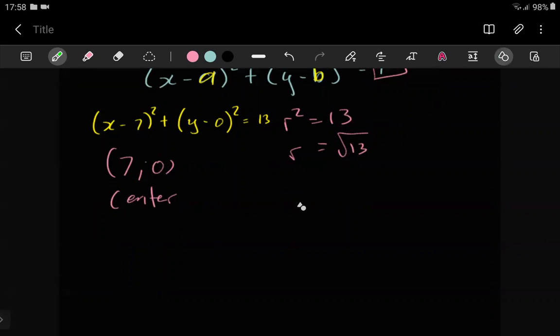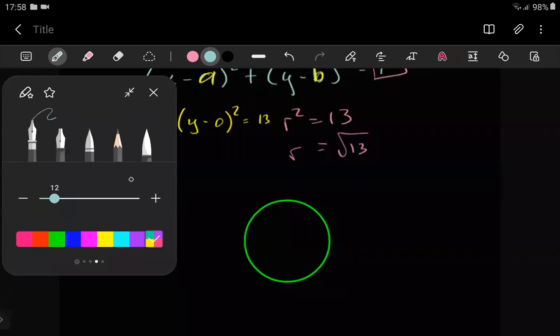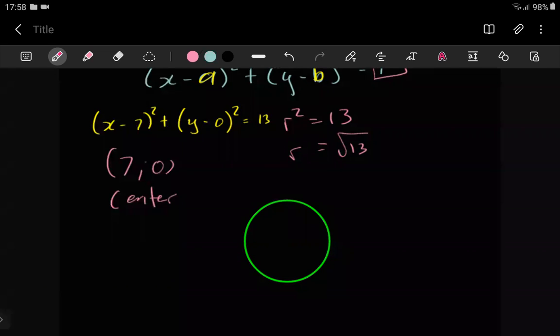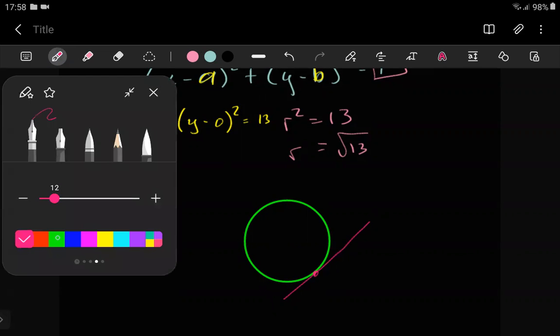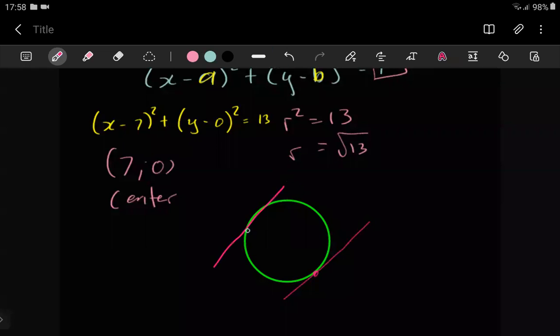And this is what I mean. If I have a circle, remember the whole idea with the tangent to a circle is that it will touch the circle at a certain point, and that line has a certain gradient. So for example, if you have a tangent here, whatever the gradient is here, you have the exact same tangent on the other side here, you see.